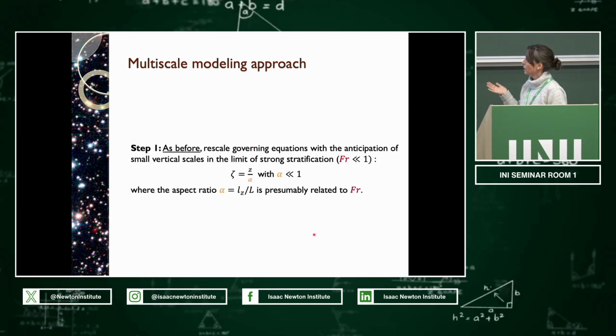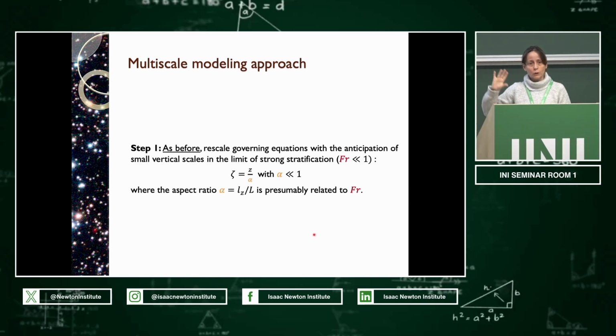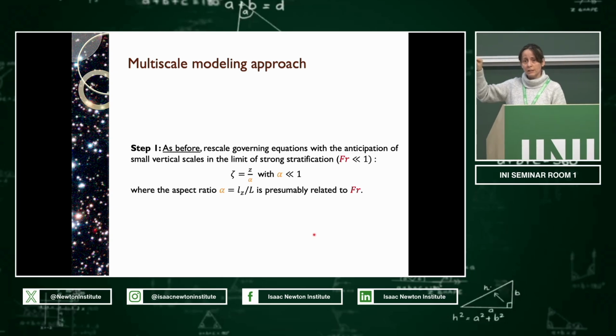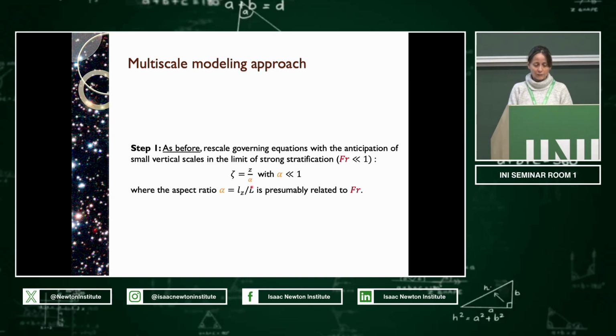So to model this using multi-scale analysis, the first step is exactly the same. There's a rescaling of the vertical coordinate with alpha. Again, alpha is a small aspect ratio. So zeta is z over alpha as before.